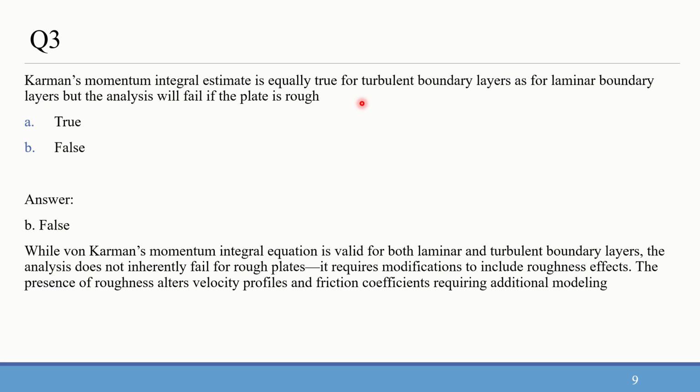If the roughness is producing such flow variation, we need to modify the equation, because the presence of roughness will alter the velocity profile and the friction coefficients. So we need additional modeling, but that doesn't mean the analysis will fail for rough plates. So that is for question 3.